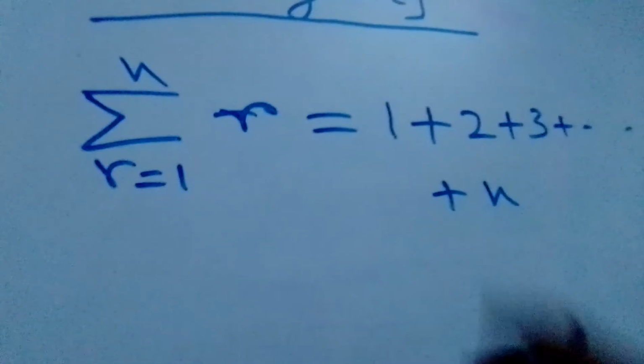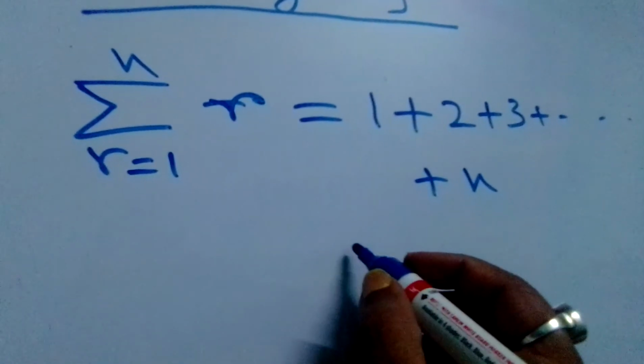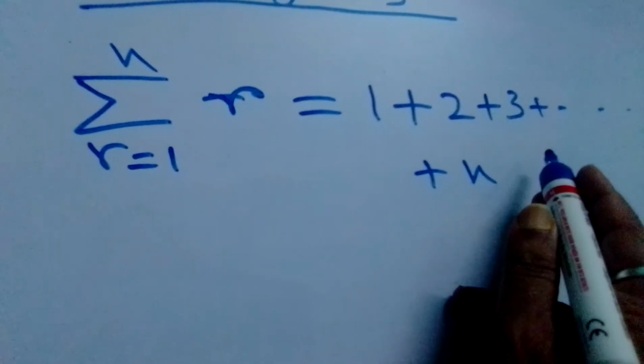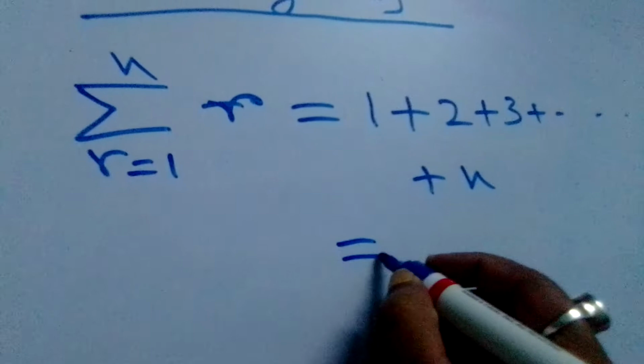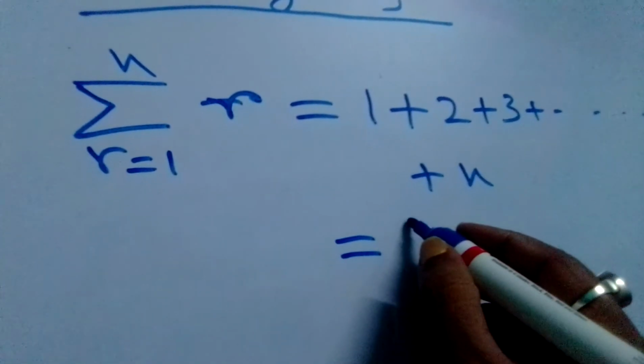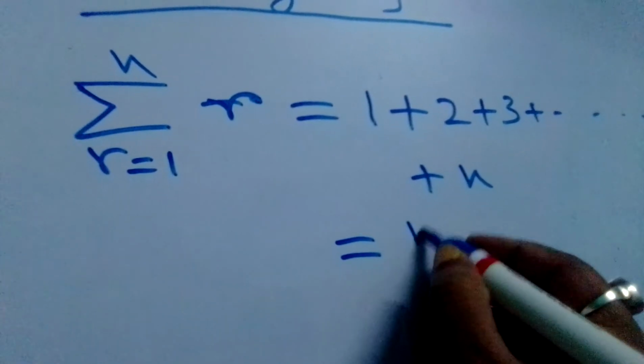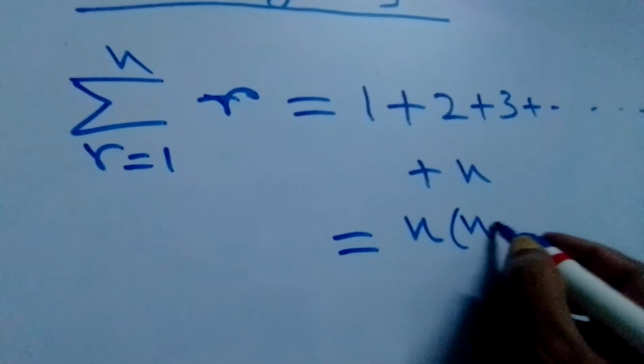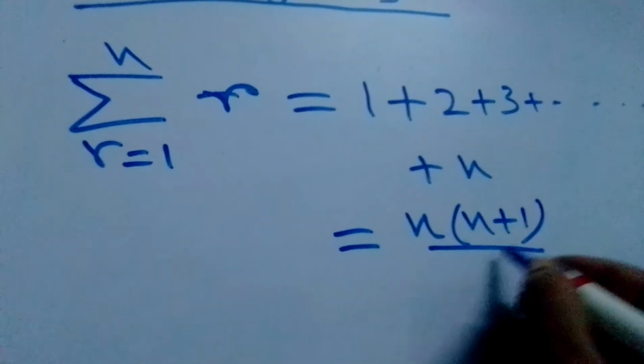We already know this series from senior secondary level, it is called the AP series, and the sum of this AP series of natural numbers is n into n plus 1 by 2.